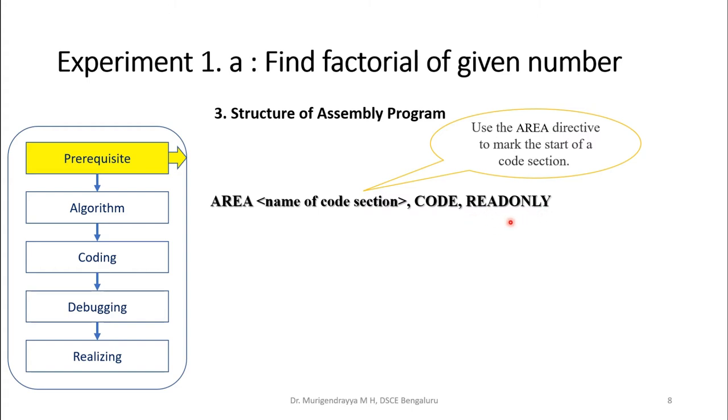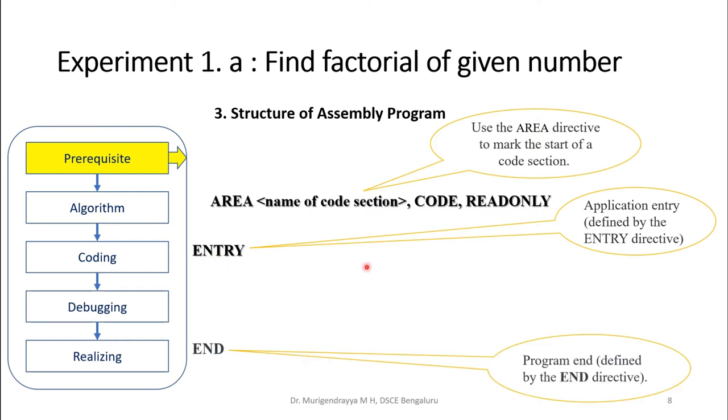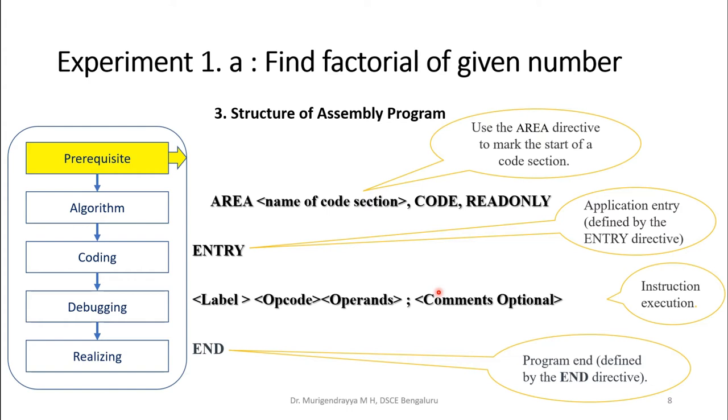The code section should be read only. Then the program should begin with the keyword ENTRY and end with the directive END. In between, the set of instructions is specified to define the functionality or logic.